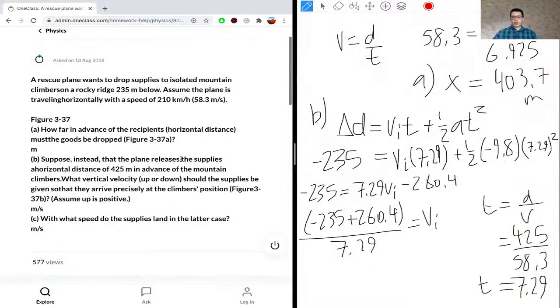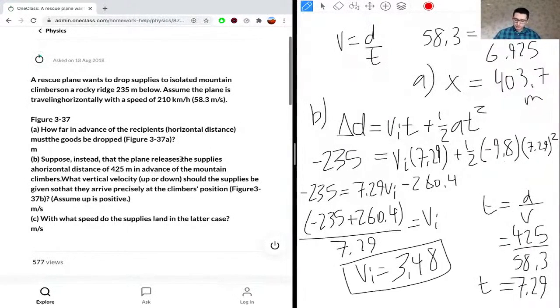So this is just algebra that we did. We took the 260 to the other side, and then we divided by 7.29 to isolate for VI. So VI equals, plugging this into our calculator, 3.48.